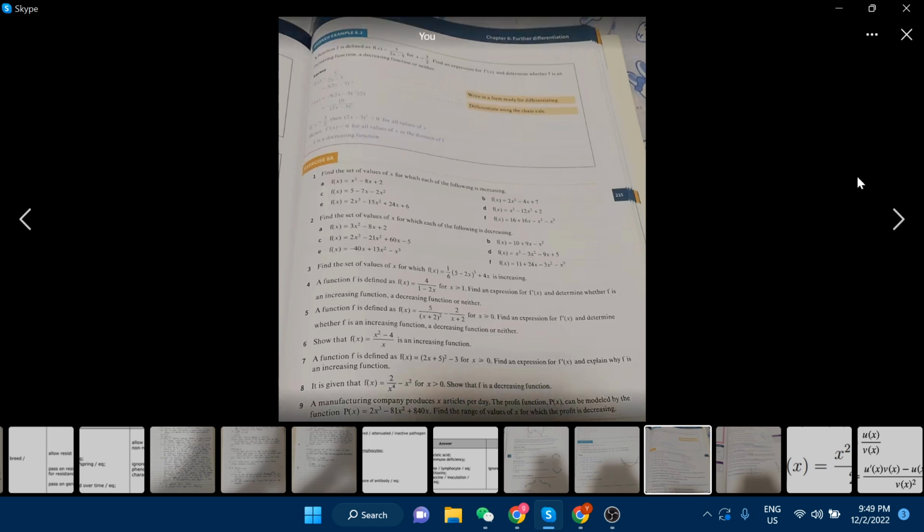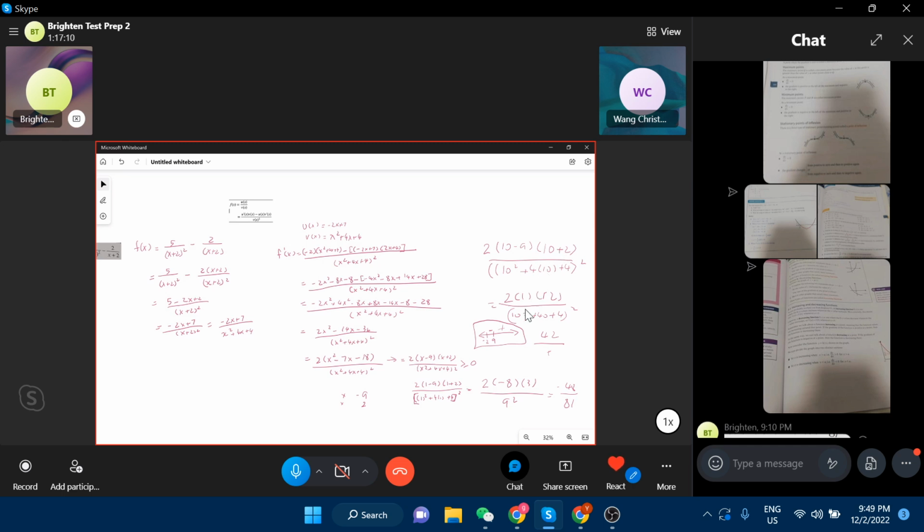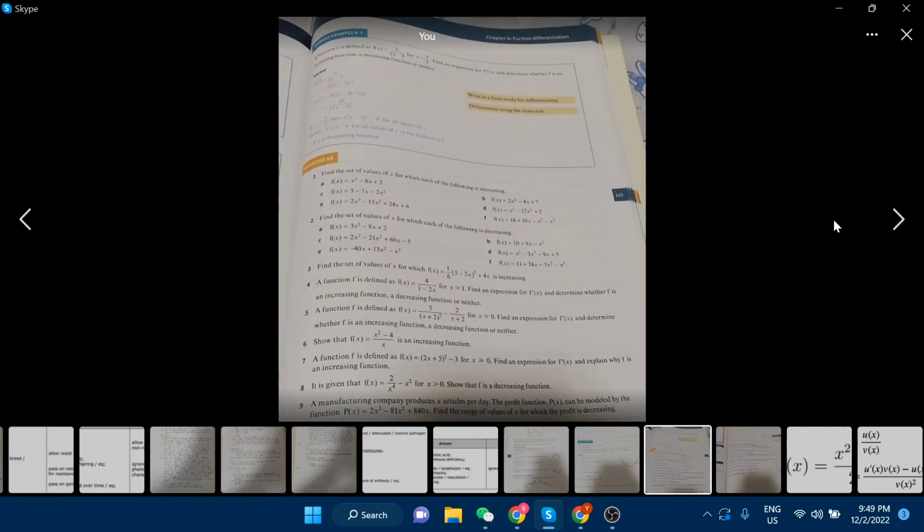So if you look at my share screen, I'm pointing at here, right? So the question was asking you, is it increasing or decreasing, greater or equal to 0, right? That's the question, number 5.